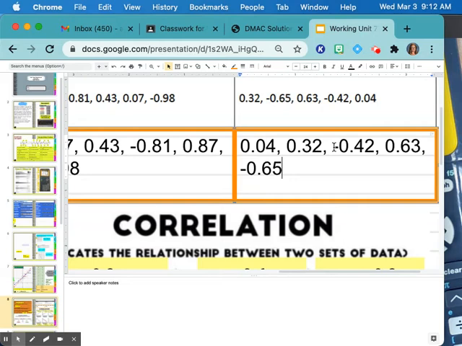See if you get the same thing. Do y'all agree? Okay, good.